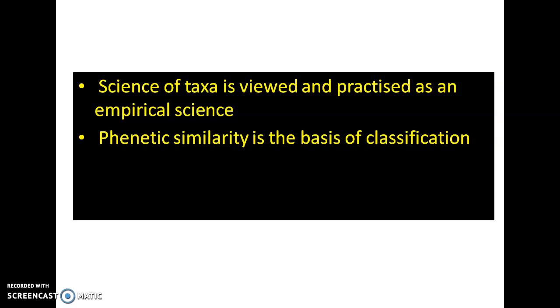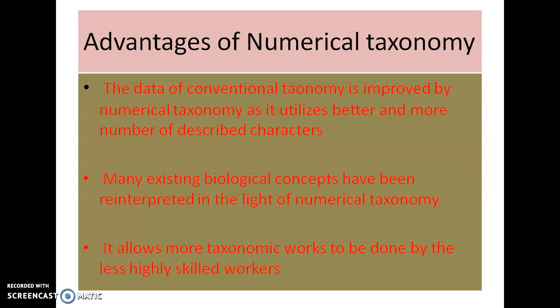For example, if we are considering 5 different taxa, we need to review the characters already present in the previous classes, or if any studies are already done on this taxa, we need to refer to them. So that is called review as well as practice. Then phenetic similarity has to be considered, and this will be the basis of the classification.